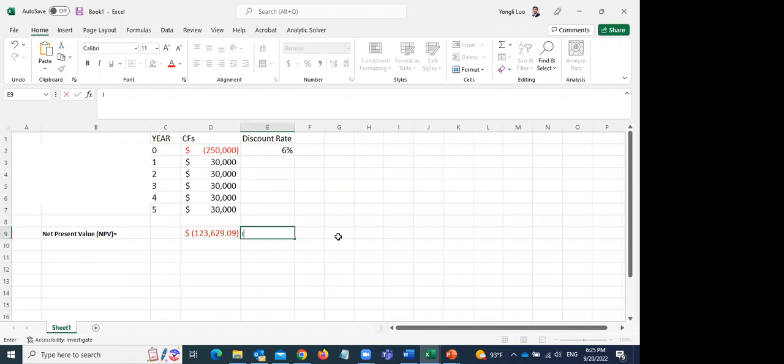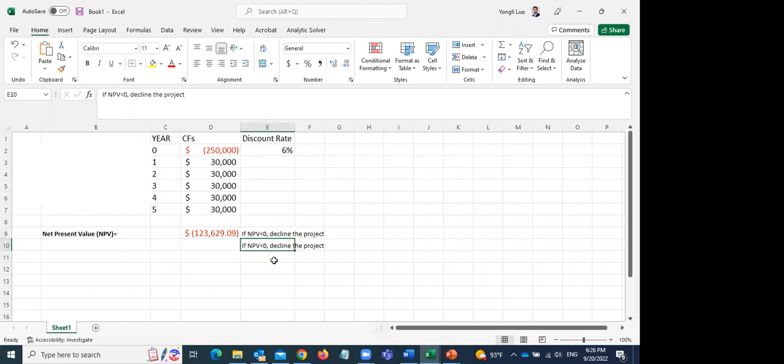If the net present value is less than 0, you decline the project. Okay, this is the criterion.